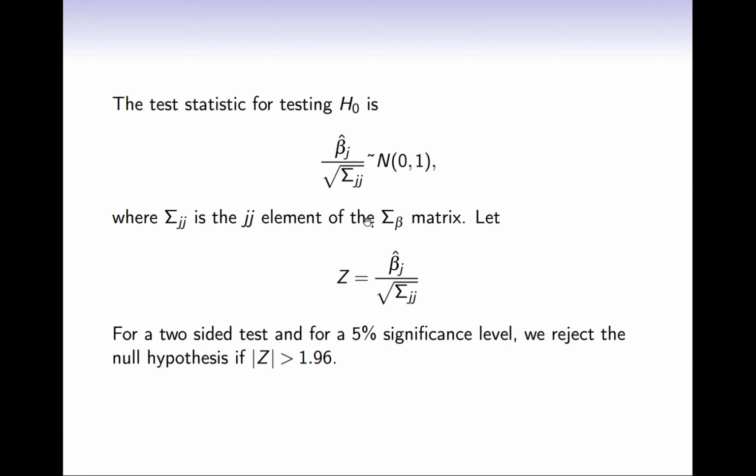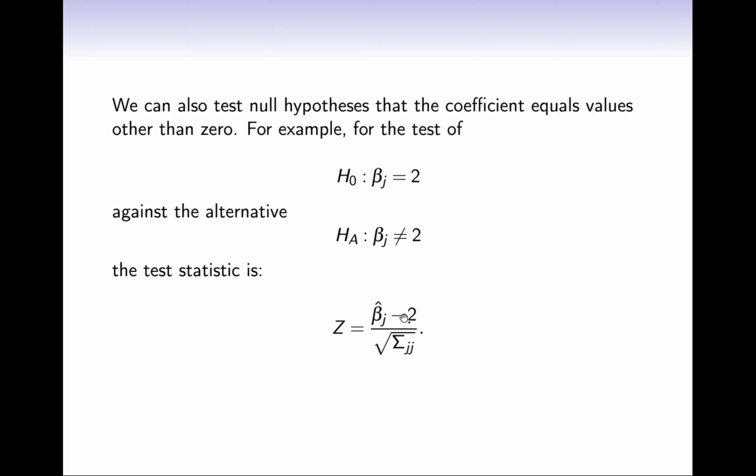So you form the test statistic, and for a two-sided test, where the alternative is just beta j not equal to 0, at the 5% significance level, we reject the null hypothesis if the absolute value of z is greater than 1.96. We can also do a test not against the null that it's 0, but against the null that it's some other number, and in that case, the test statistic would look like this. So here we're testing beta j equal to 2.